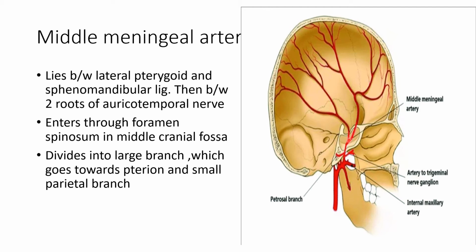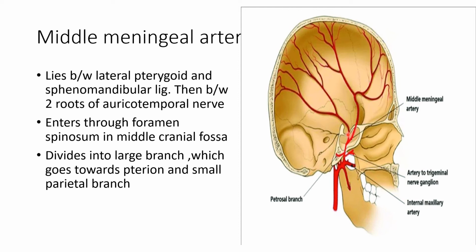It lies between the lateral pterygoid and the sphenomandibular ligament. Basically, it enters the skull through a foramen located in the middle cranial fossa, the foramen spinosum.